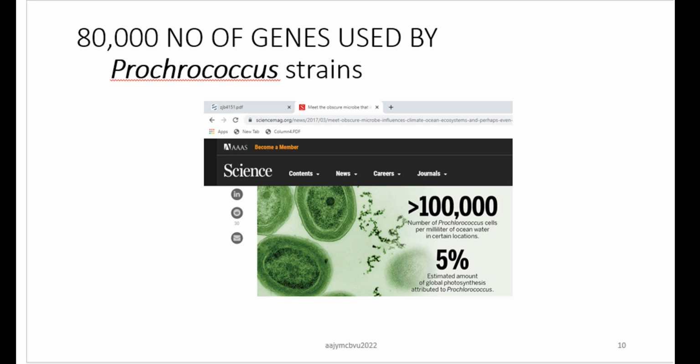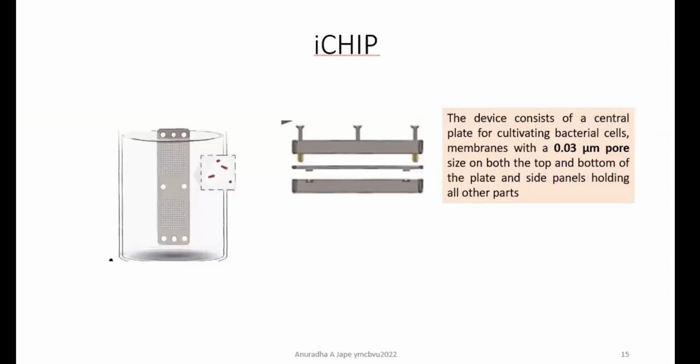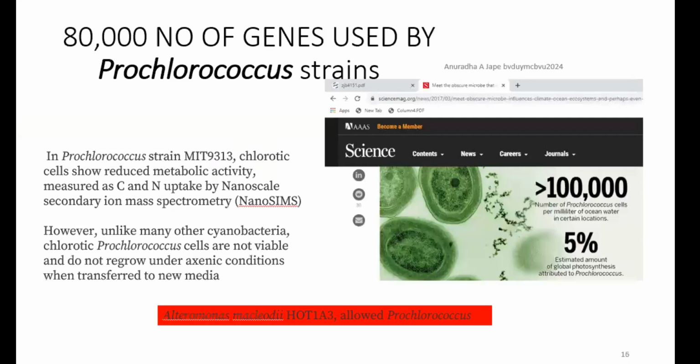Now it has become possible with efforts over a decade, and various methods have emerged which could help scientists to understand the requirements of these Prochlorococcus strains. As I said, there are a number of Prochlorococcus cells per millilitre. It could be as high as 1 lakh cells in 1 millilitre volume of ocean water. This number will tell you how dominant these species are in a given marine environment.